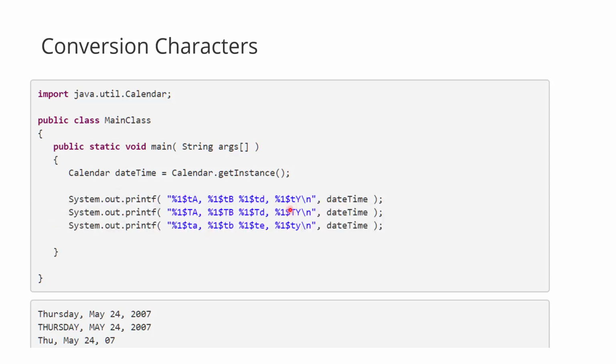If we take a look here, we can see how we can format the date and time. We're using the class Calendar, instantiating it into a date time, and then using these characters to format that date time. You can see here we're getting the day with leading capitals, the month with leading capitals, the date, and the full year.